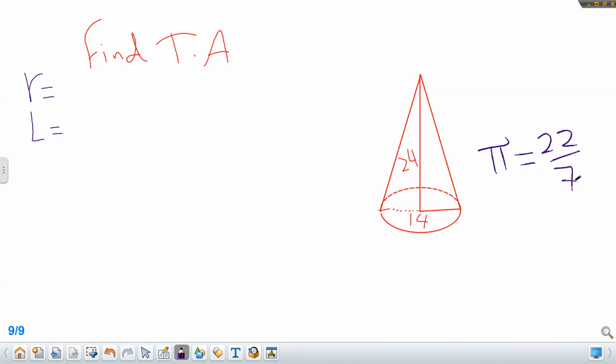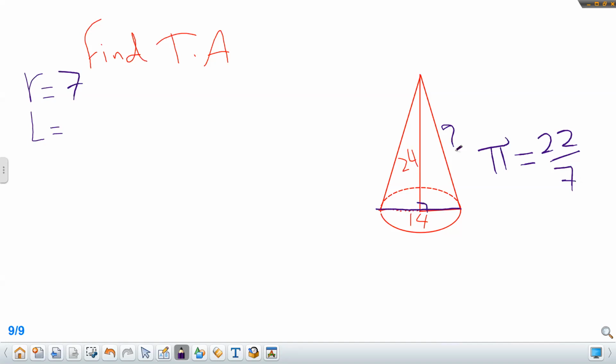Radius here, you must note that. What's this? Yes, diameter is 14. So the radius, half of it, is 7. What about 24? What is 24? Yes, good, it is height. What about slant height? We need that.